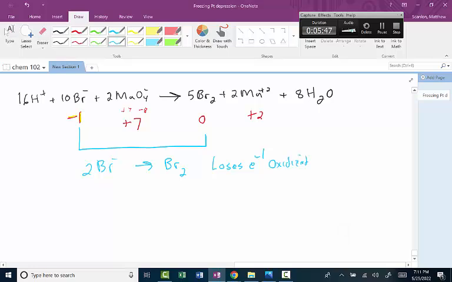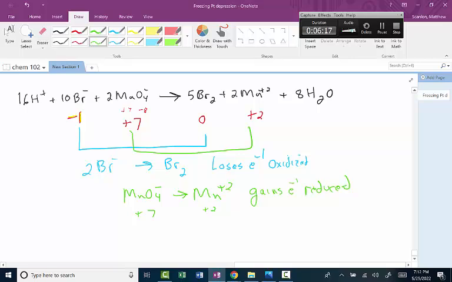It became more positive. And then, hopefully, that makes our manganese reduced. And clearly, MnO4- going to Mn2+, going from +7 to +2, it's clearly gaining electrons. So it gains electrons, so it is reduced. And that's how you do this.